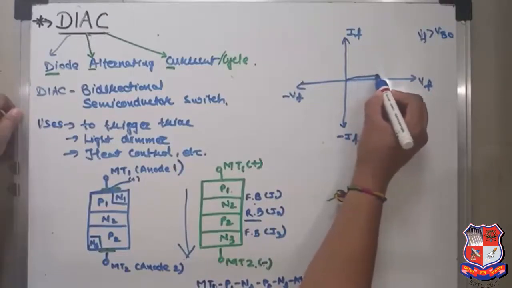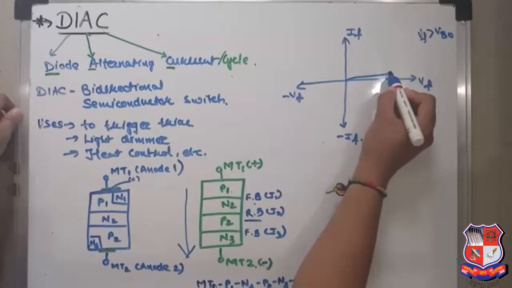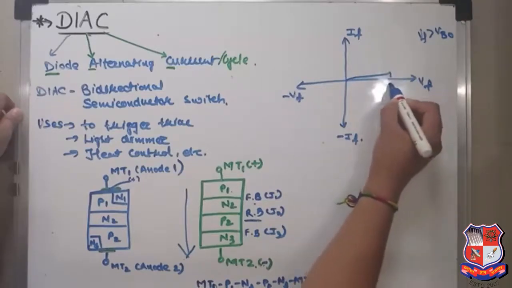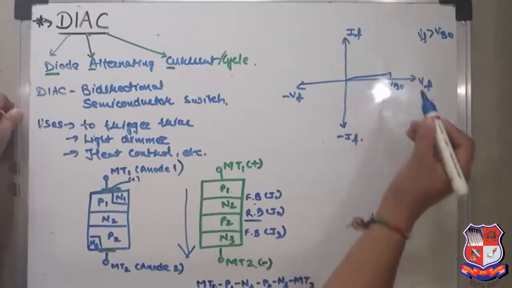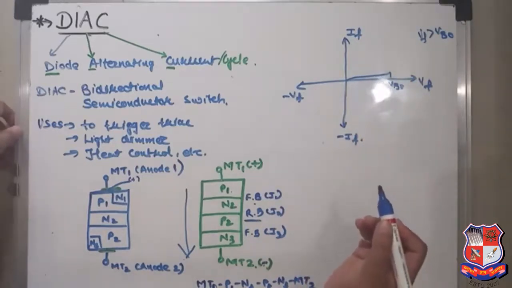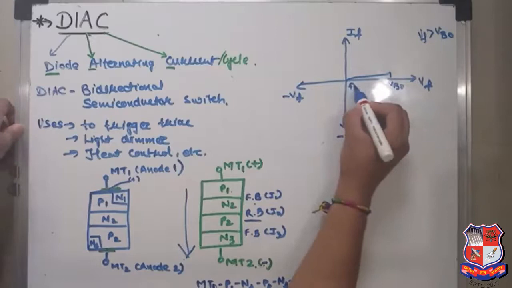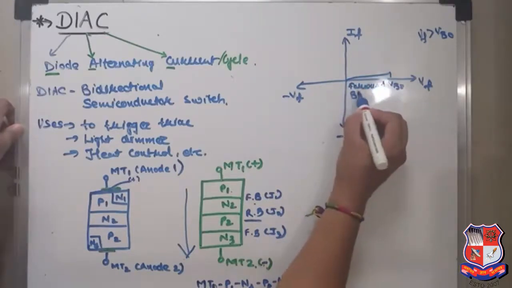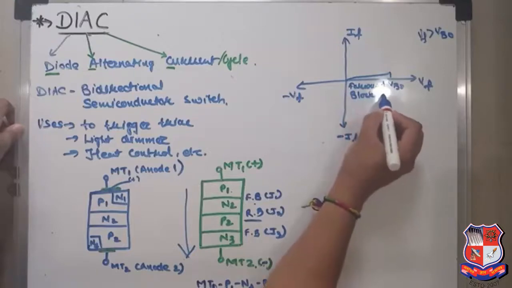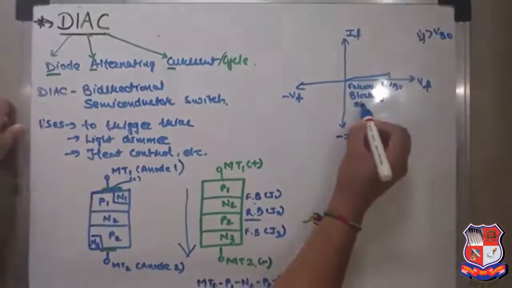When the applied voltage is less than the breakover voltage, at that time a very small current flows due to thermally generated minority carriers, and it is called the forward blocking state or mode.